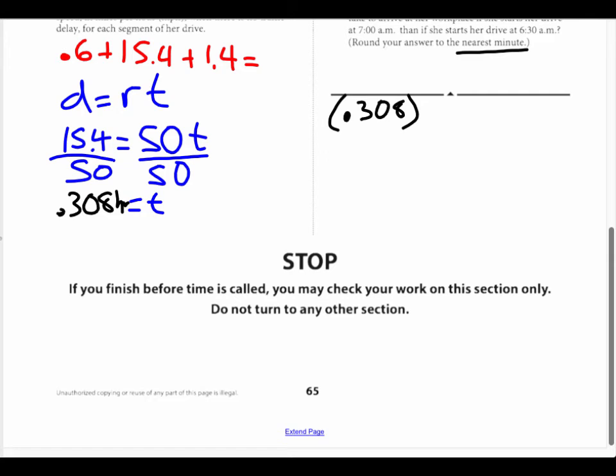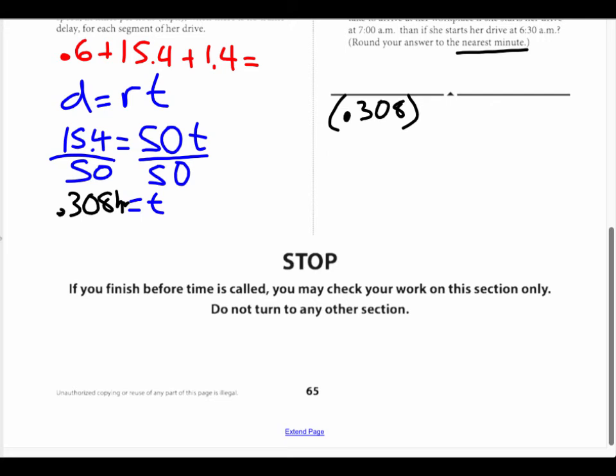Perfectly drawn HR, by the way. Anybody can make that out. So now, do I multiply this by 0.33? Yeah. If I multiply this 0.308 by 0.33, what am I really getting? The time increase, right? Do I need to add 0.308 to it?